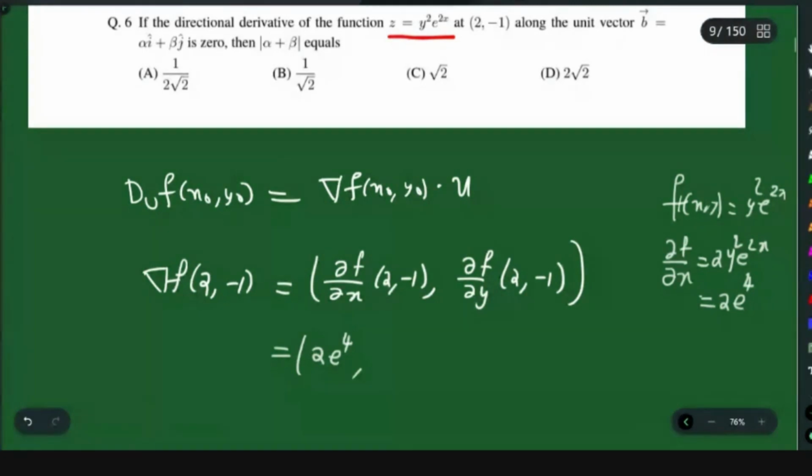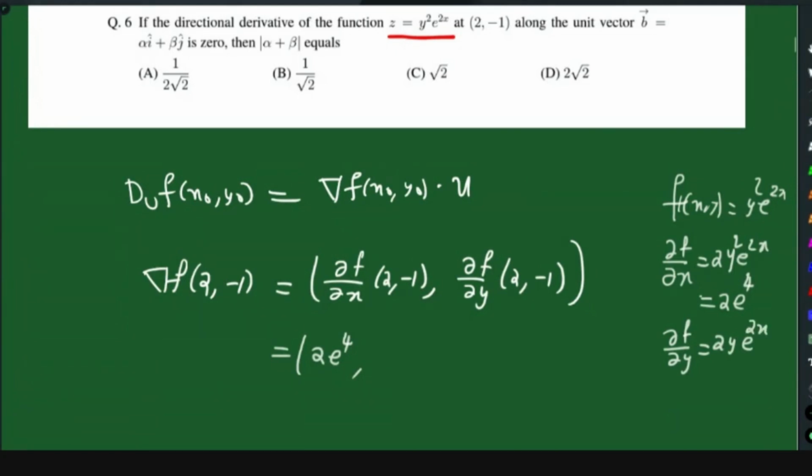And what about dou f by dou y? If you take derivative with respect to y, dou f by dou y is 2y e raised to 2x. Once you give the value (2, minus 1), again you will get minus 2 e raised to 4. Now your unit vector is given, that is alpha i plus beta j.